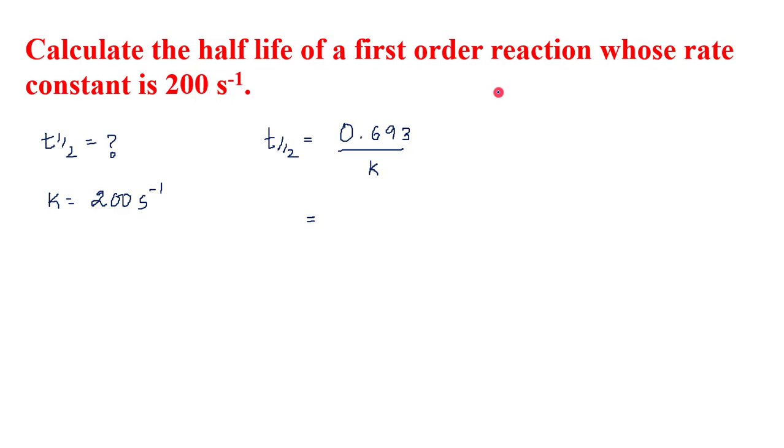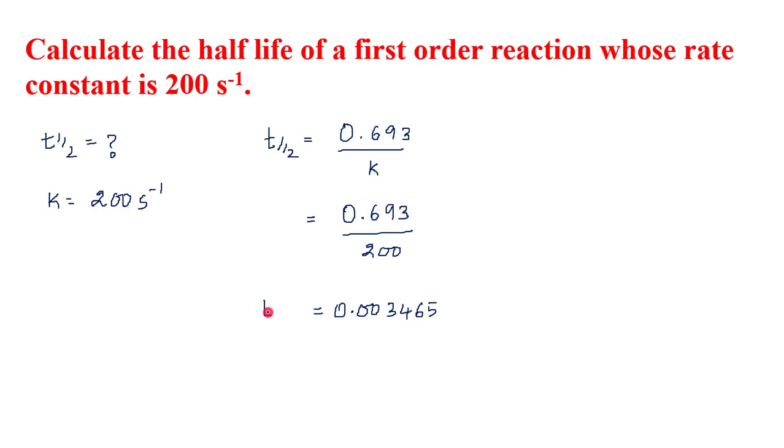So K value is given, you can substitute 0.693 divided by 200. You will be getting the answer as 0.003465.